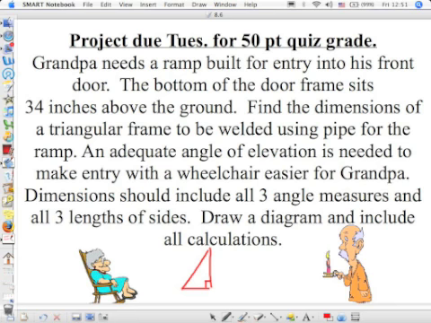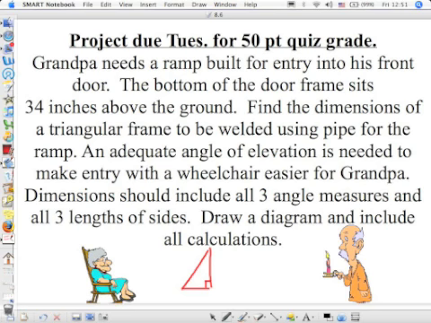Grandpa will never make it back into the house, and if he does, he will die coming out. You choose the angle. You can go online and look at different types of elevations that are used for handicap ramps.